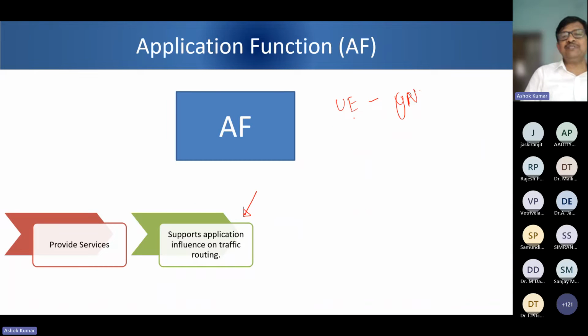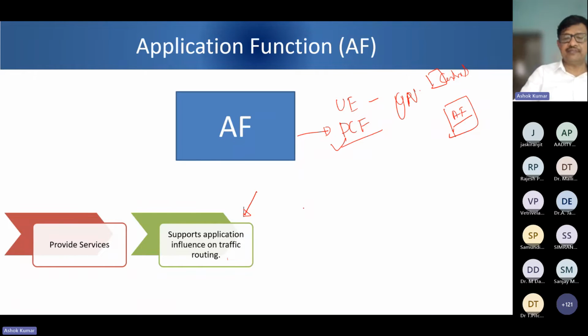What happens is that the AF may request the 5G core through PCF to provide the service at the edge itself, connected to UPF. So some part of the traffic is terminated near the UPF, in the application function part there, and some of the traffic may go to a central location. So this is application influence on traffic routing, because the AF is asking PCF to do so.